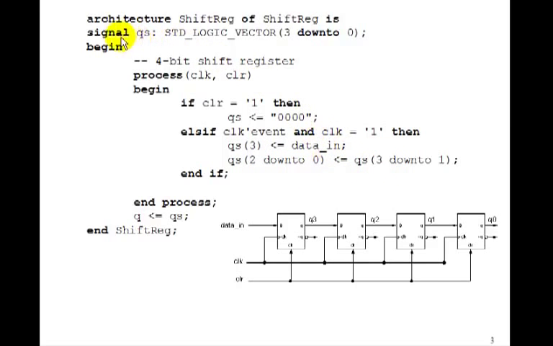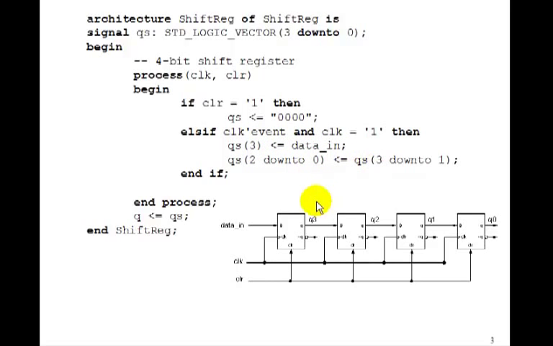Now notice that it's essential that QS is a signal, because remember, signals don't get evaluated until the end of the process. We could not use variables here and have it work, because we first set QS3 to data in. But that's the data in at the beginning of the process. But then Q2 gets Q3. Well, we don't want it to get this Q3, that is data in.